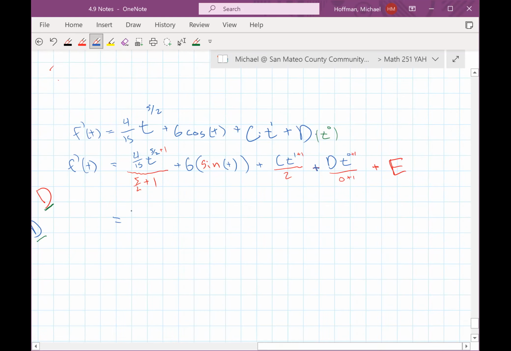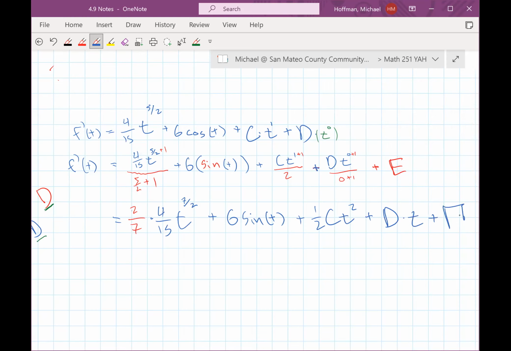So the reciprocal of 7/2 is going to be 2/7, times 4/15, times t to the 7/2, plus 6 sine t, plus 1/2 c t squared plus d times t plus the constant e.